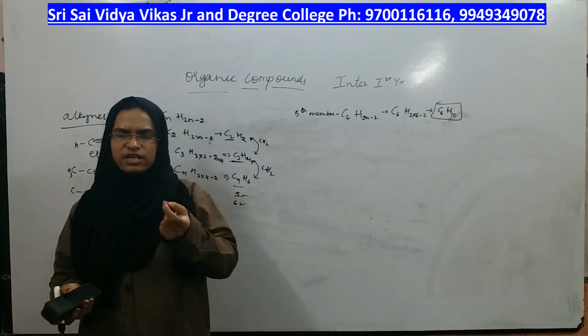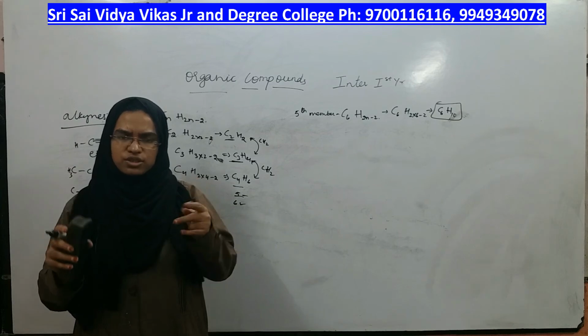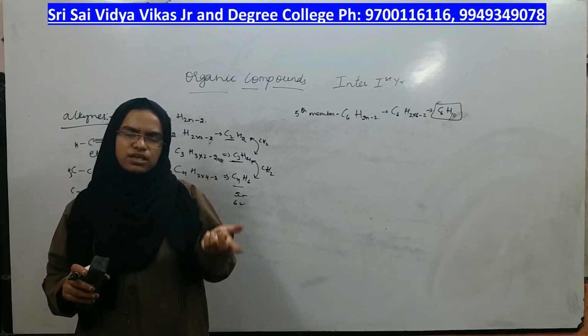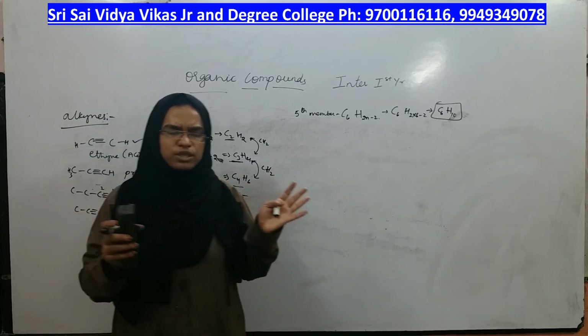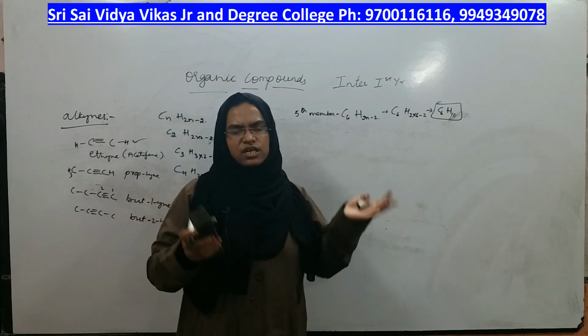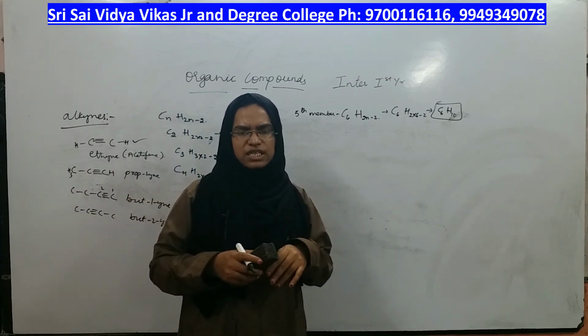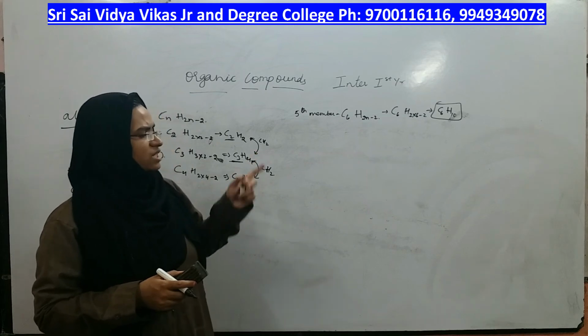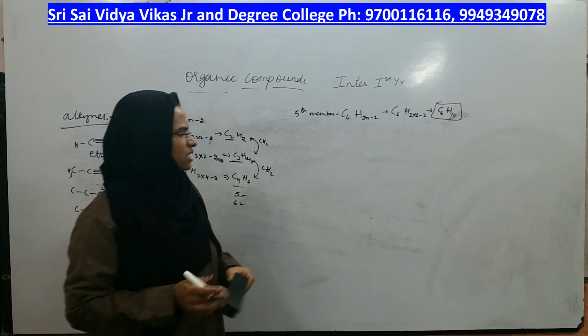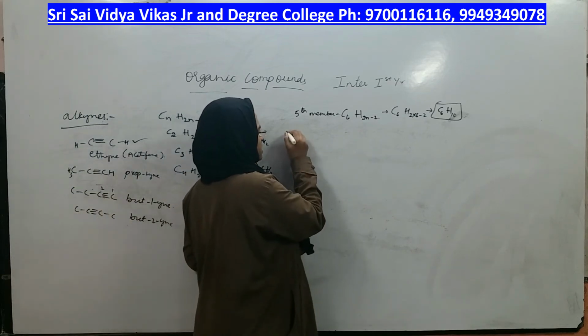Try to decrease 1 carbon and search for all the options in that carbon count. For 6 carbons, how many possibilities are there? That we have to write. Then for 5 carbons, how many possibilities are there? That we have to write. Shall we start writing the structural isomers for C6H10? Let us do so. What is the first isomer?